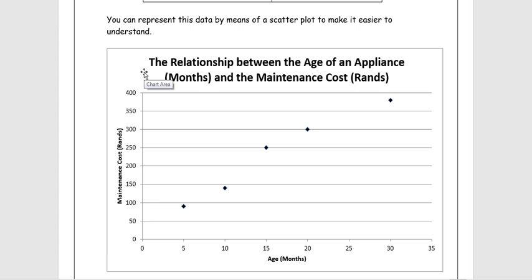The relationship between the age of an appliance in months and its maintenance cost in rands. So on my x-axis, I've got the age of my appliance in months, and up my y-axis, I've got my maintenance cost in rands. I have already plotted my points on my scatter plot, and that is what I have come up with. So there already we can see the direction that our graph is going to be moving in, and we have an idea already of what the relationship is going to be like between our x and our y values.